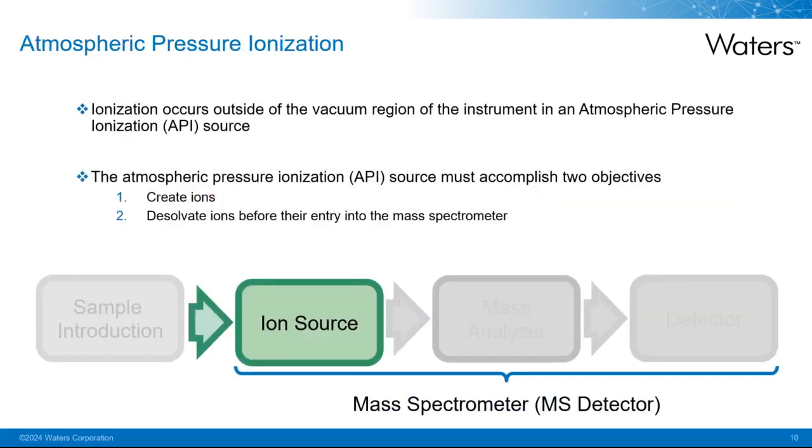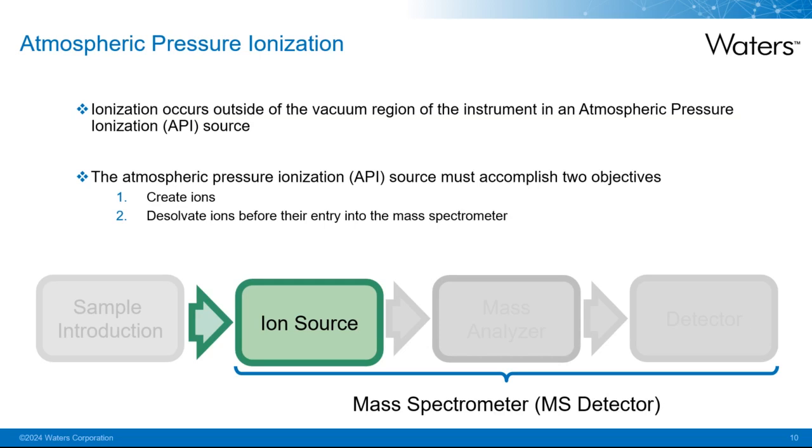For liquid chromatography, many modern mass spectrometers generate ions at atmospheric pressure. This requires that the source must not only create ions, but any solvent associated with them must be removed before they enter the mass spectrometer, and this process is known as desolvation. Gas and heat are applied in the ion source to ensure the desolvation process is very efficient, and proper desolvation is really critical to ensuring good sensitivity for the mass spectrometer.